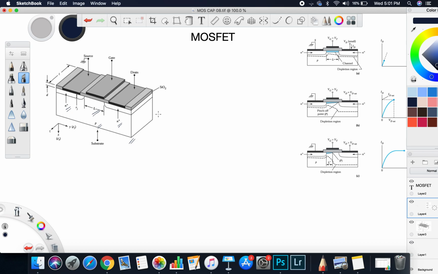So the source and drain are then connected by a conducting surface N channel through which a large current can flow. And the conductance of this channel can be modulated by varying the gate voltage. In addition, the substrate contact can be at the reference voltage or is reverse biased with respect to the source. So the substrate bias voltage will also affect the channel conductance.